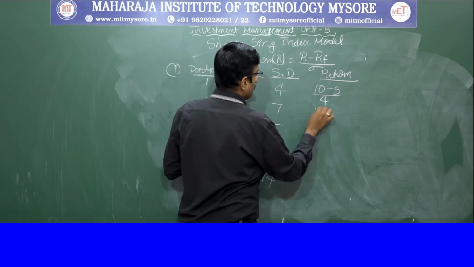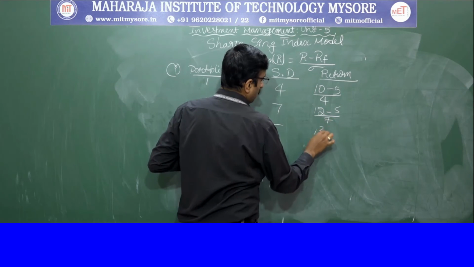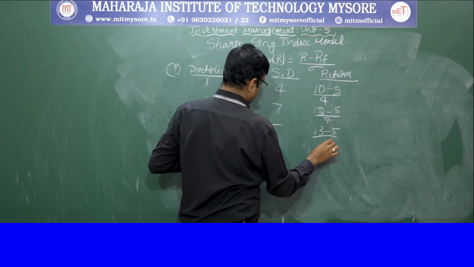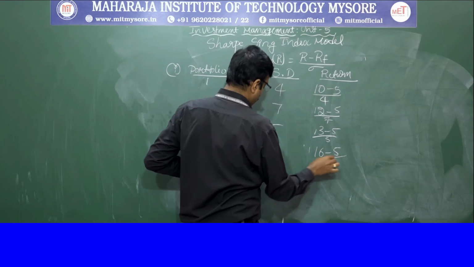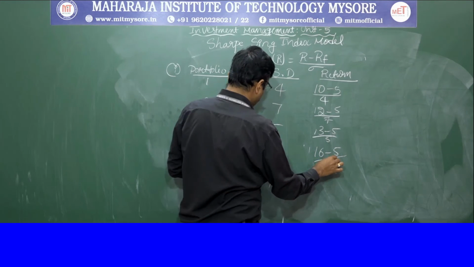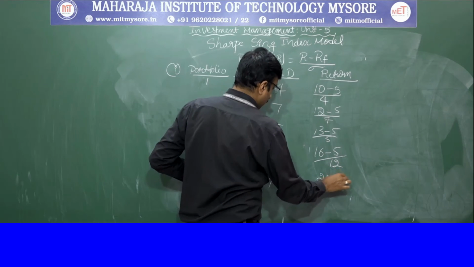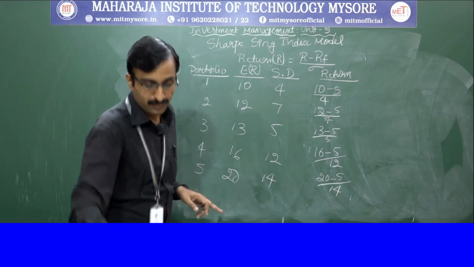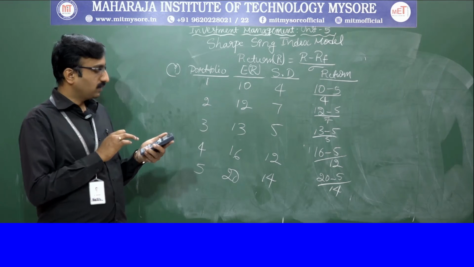Again for the second one, 12 minus 5 divided by 7. 13 minus 5 divided by 5. Next, 16 minus 5 divided by 12. 20 minus 5 divided by 14. So we apply it like this and find out the return.